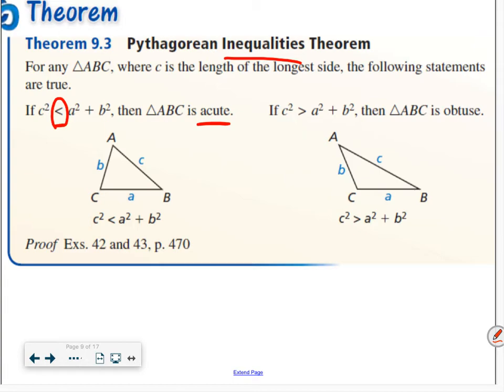And if you put a squared and b squared and put it into and equal c squared, and you don't get that they're equal, but you get that c squared is actually greater than, so this angle right here is actually bigger than 90, it tells us we have an obtuse triangle.